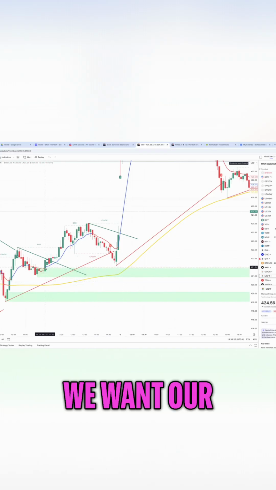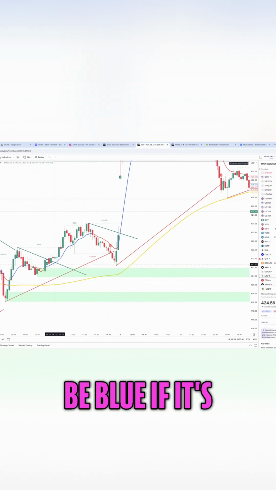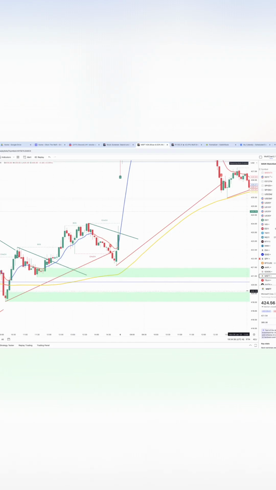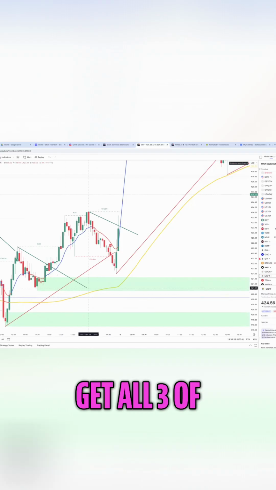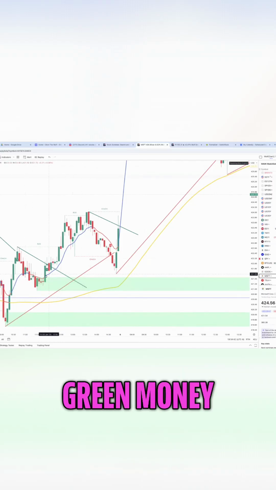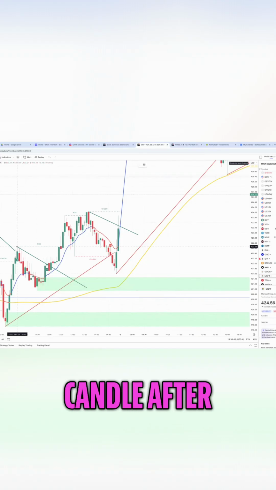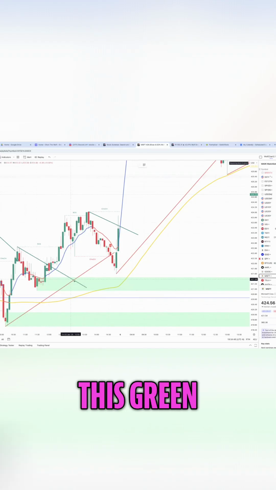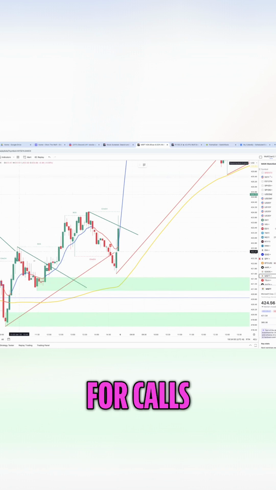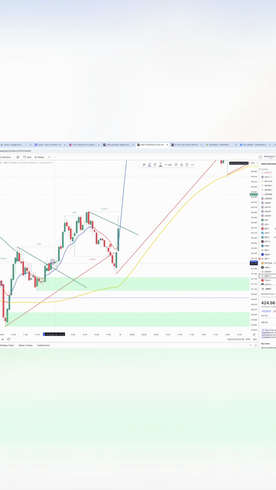Then at level 2, we want our short-term trend to be bullish, so the 12 will be blue if it's bullish, right? And after we get all three of those, yellow 200, green money, and a blue 12, we're just looking for the floating candle after this green trend line right here for calls. And that would be this candle right here, right?